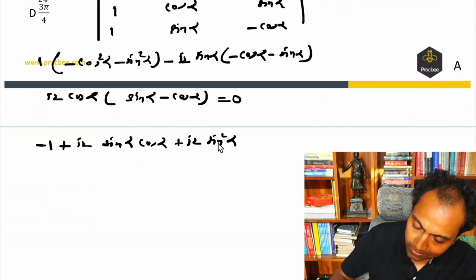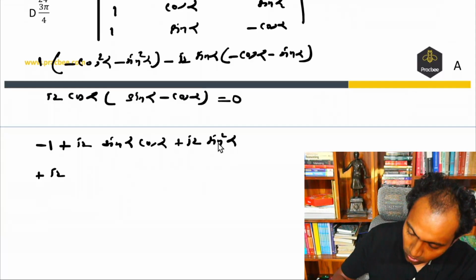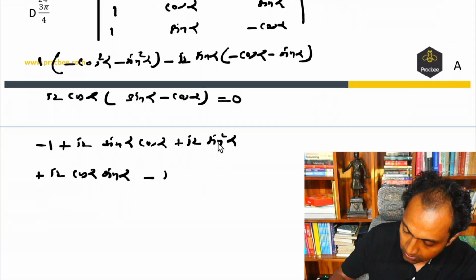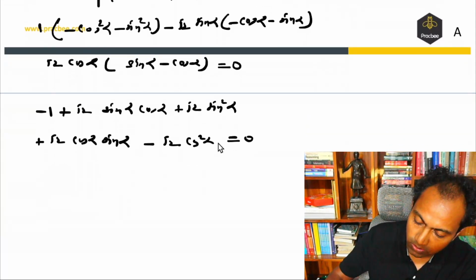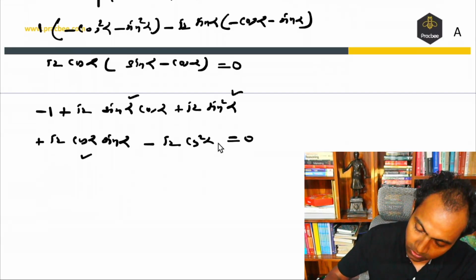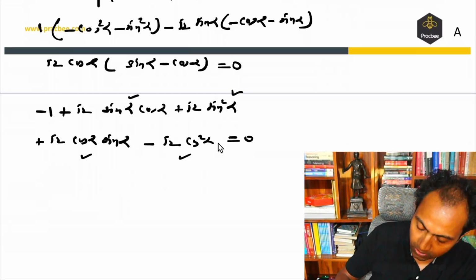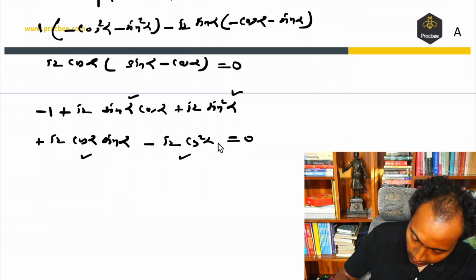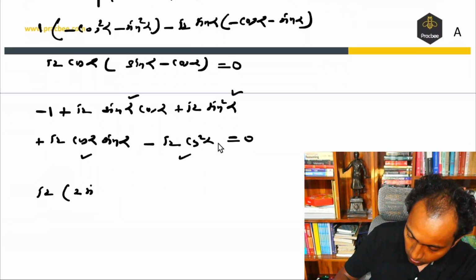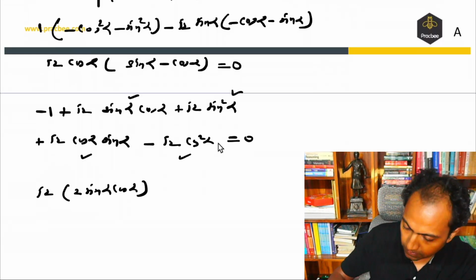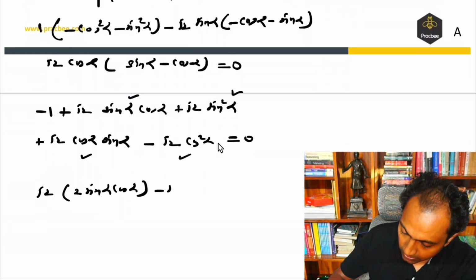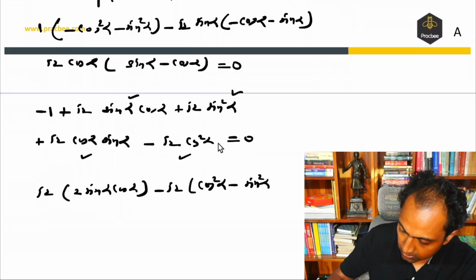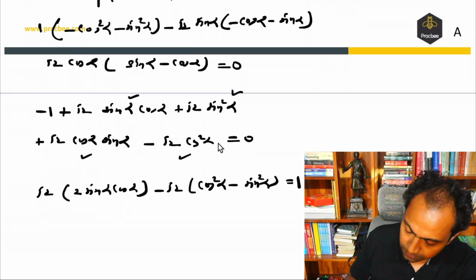If I write the next terms, it will become plus root 2 cos alpha sin alpha minus root 2 cos square alpha is equal to 0. Now we can group these two terms, and one we can take on the other side. So what we have is root 2 times 2 sin alpha cos alpha, and then minus root 2 times cos square alpha minus sin square alpha is equal to 1.